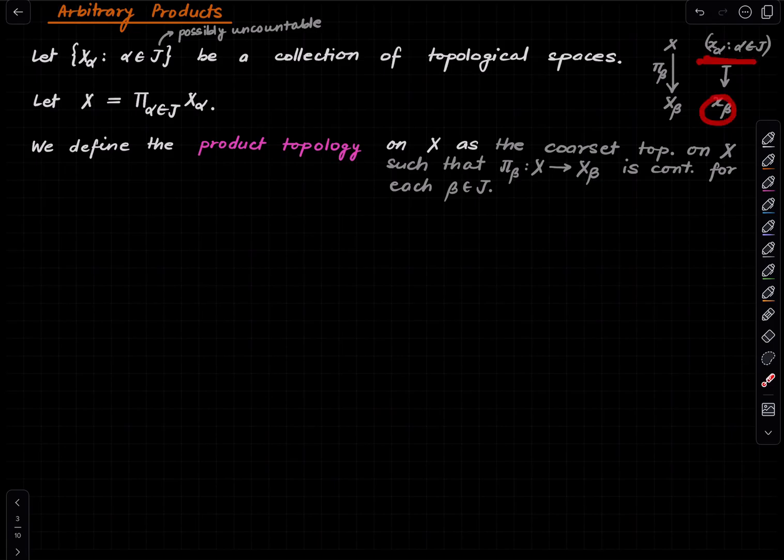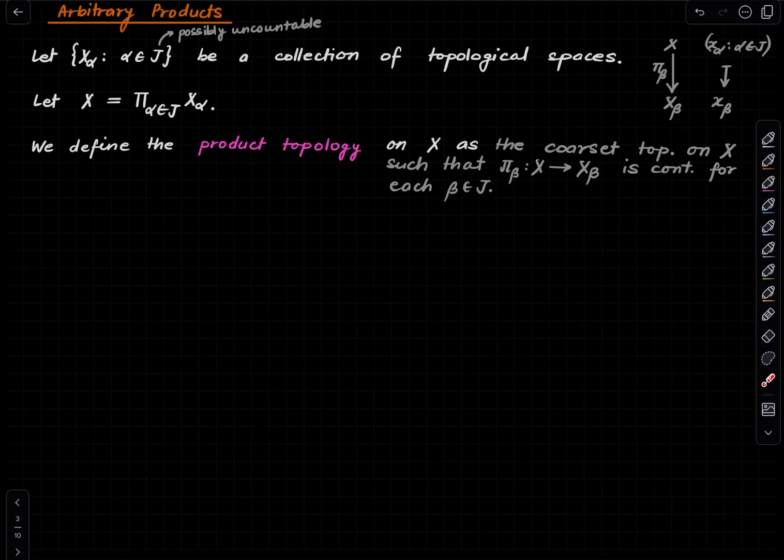The x beta coordinate of this tuple is retained by the projection. Everything else is forgotten. So we define the product topology on X as the coarsest topology which makes each projection happy. All right, so that's the definition. Do I need to say anything else about this? I don't think so.